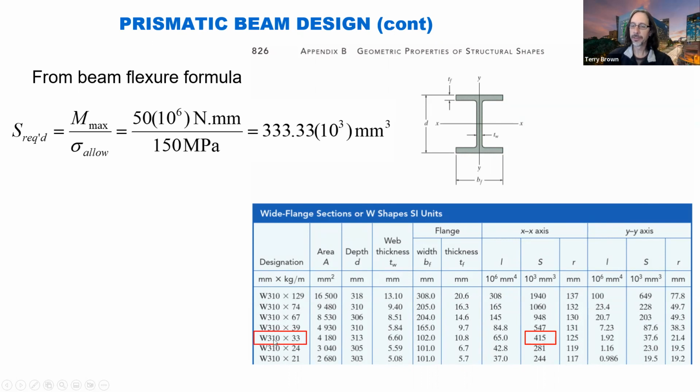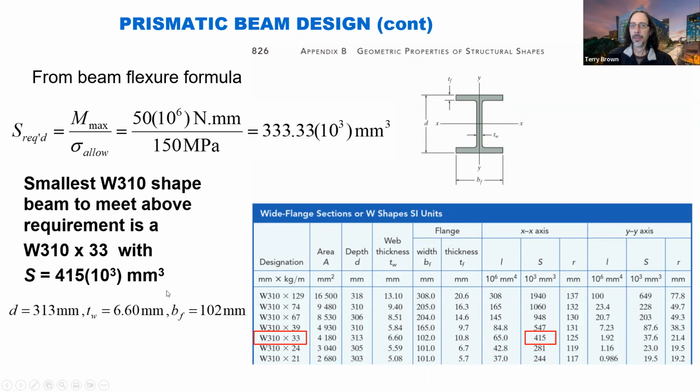Right, so we need a W310 by 33. Okay, so just put that in there. So we've got 33 kilograms per meter for the weight of this beam. I'll just put in there some of the other dimensions just for reference.